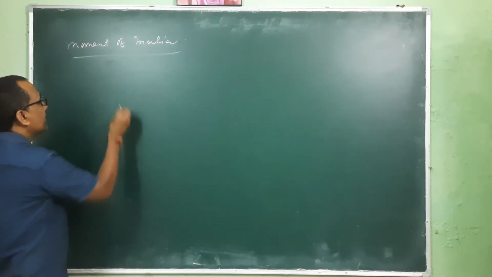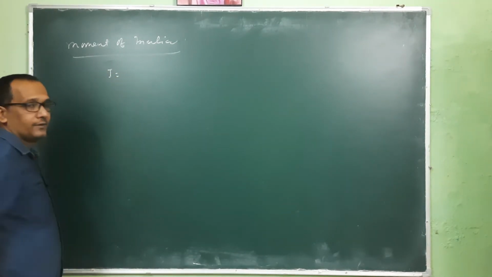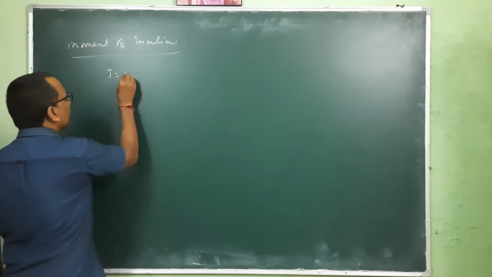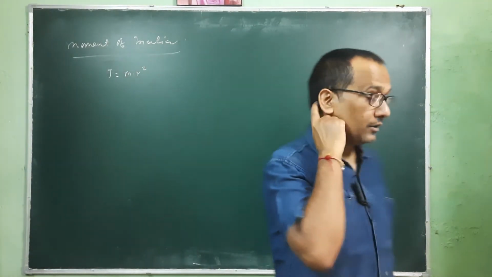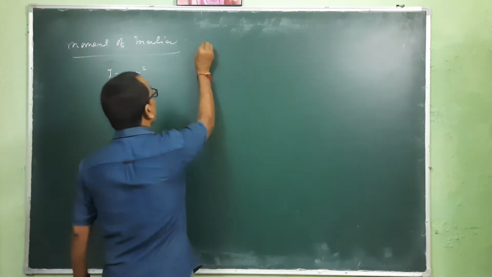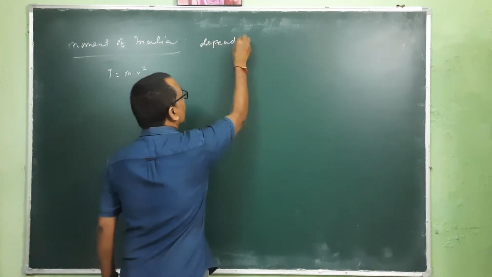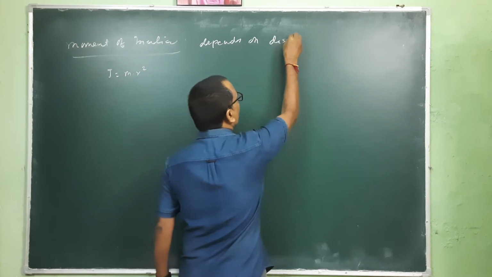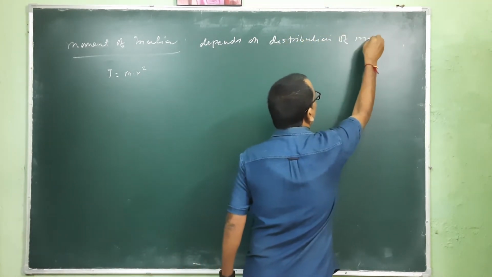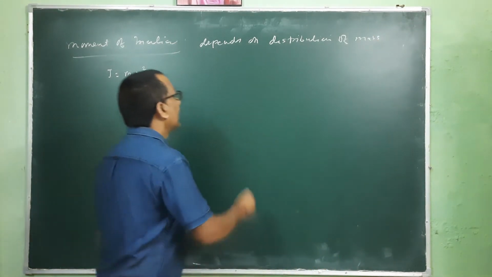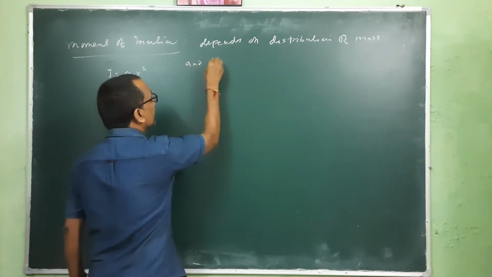this moment of inertia is represented by I. Mathematically, it is defined as mass multiplied by r square. So it depends on the distribution of mass and also the distance.